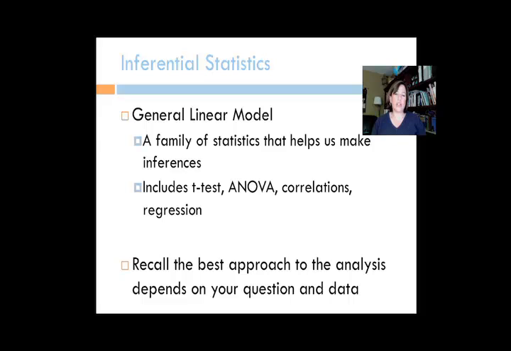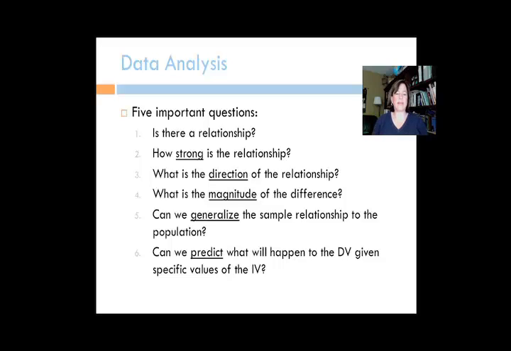They all fall under the general linear model, and that helps us make inferences. Recall that the best approach to the analysis will depend on the research question and how the data are measured. So our data analysis and the statistics that we run generally will answer these 5 important questions.